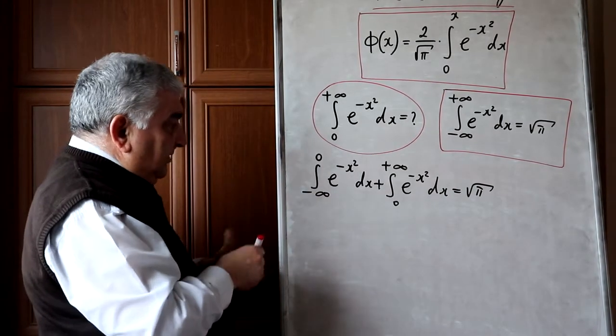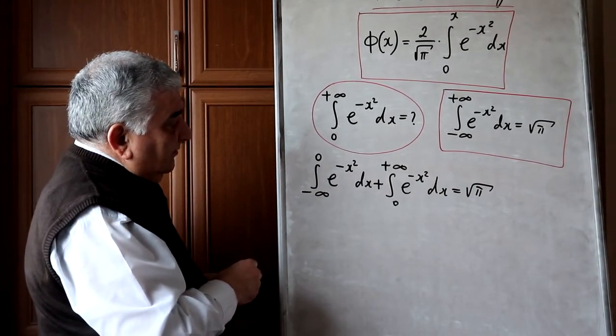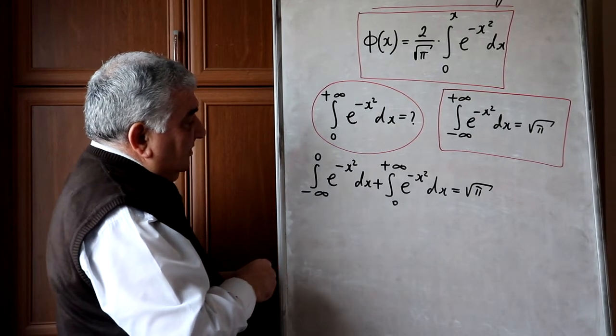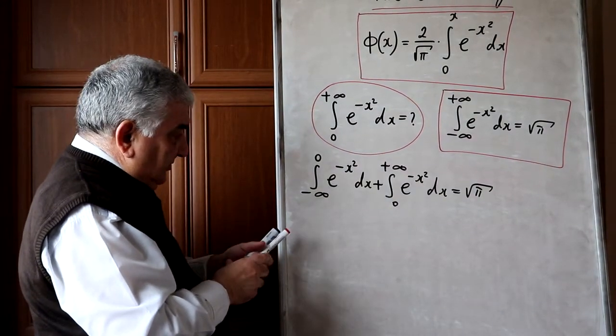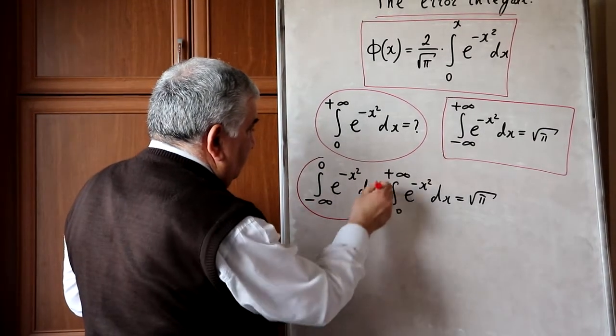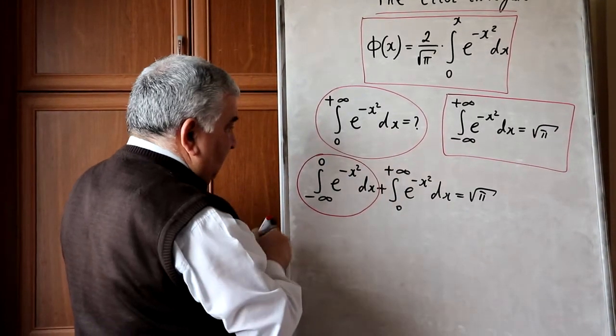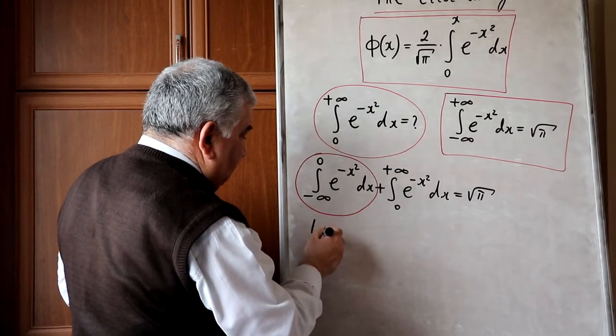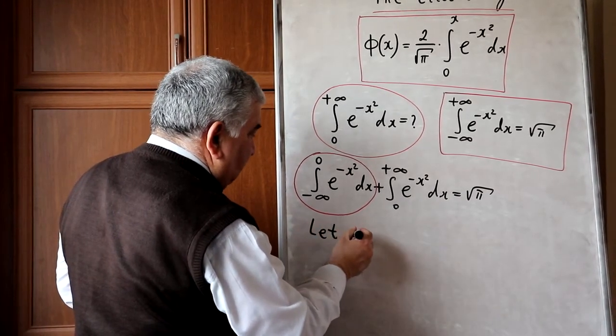Make the following change in the first integral: let x be minus t.